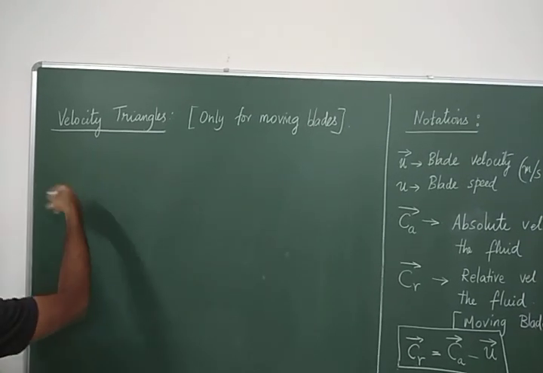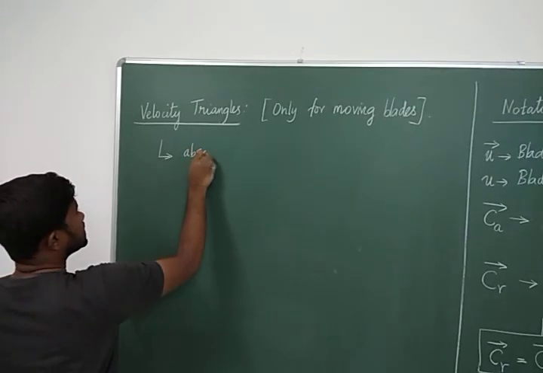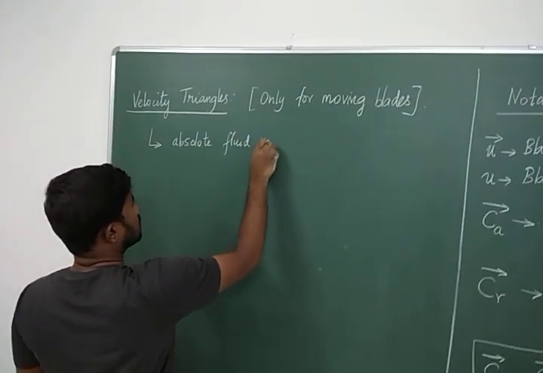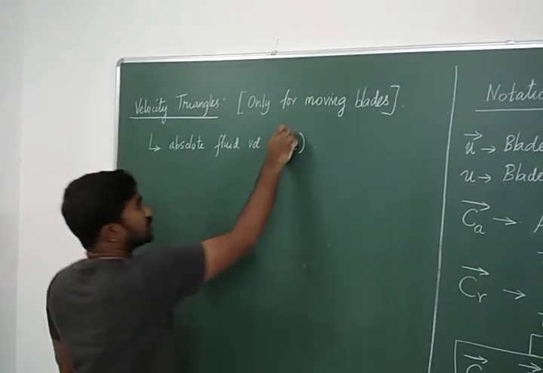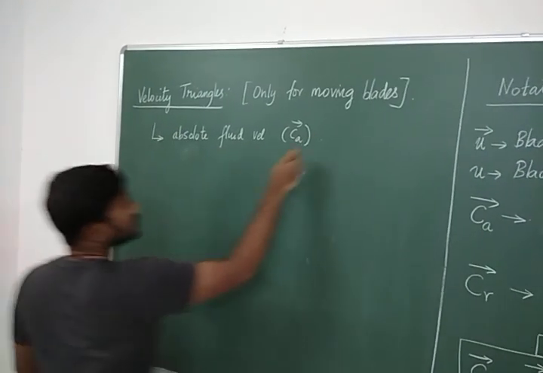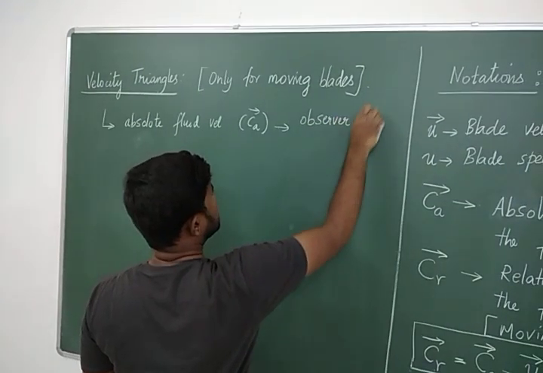What is meant, or what will be velocity triangles? Definitely there will be an absolute fluid velocity. Here we denote it by CA. Now this velocity is the velocity as seen by an observer who is fixed to the ground.